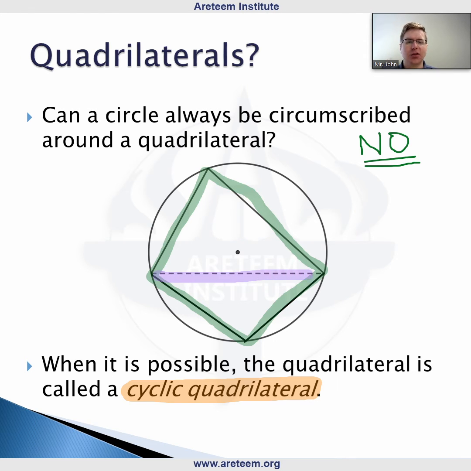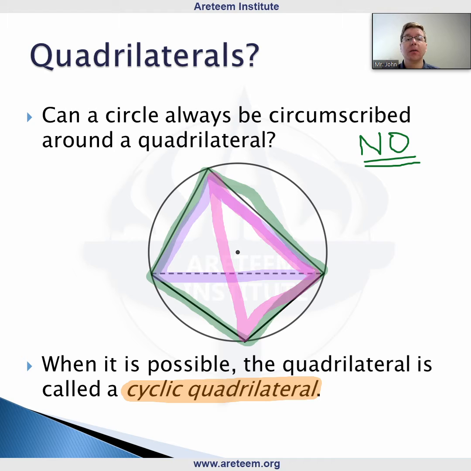You could pick any triangle in that quadrilateral. Maybe you pick this triangle that we started with in our example, but you could have very well picked this triangle here. You just pick two of the sides, connect them on the other side, and then everything we did in the circumcircle video talking about triangles can be applied, and that's going to work for this quadrilateral as well. So that's why the focus is not on where the circle comes from, because you can use everything we know for triangles for that.